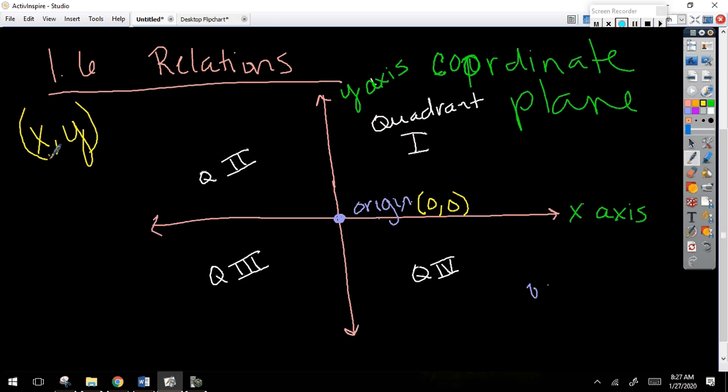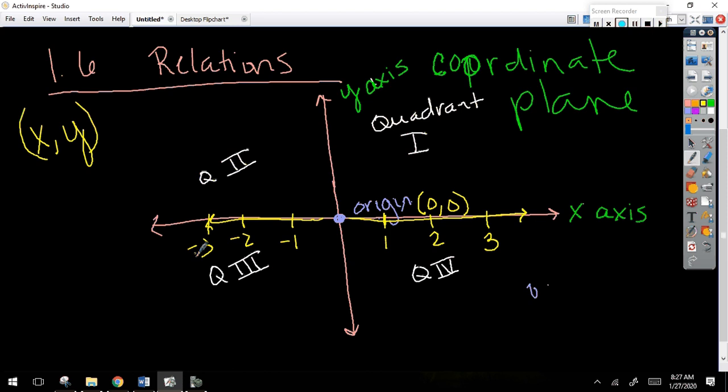Does that make sense to everybody? Thank you, David. Remember, X gets bigger to the right, smaller to the left. So this would be +1, +2, +3, whereas to the left, it would be -1, -2, -3, and so on.